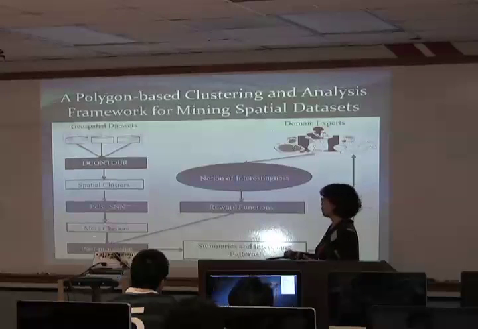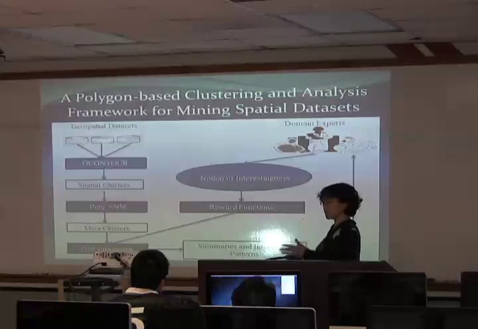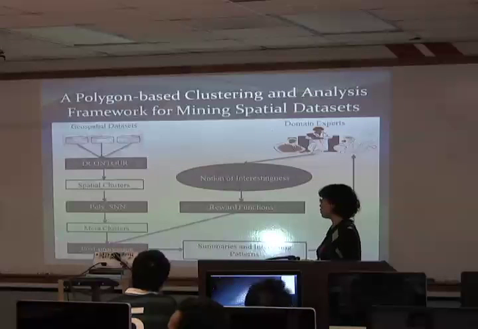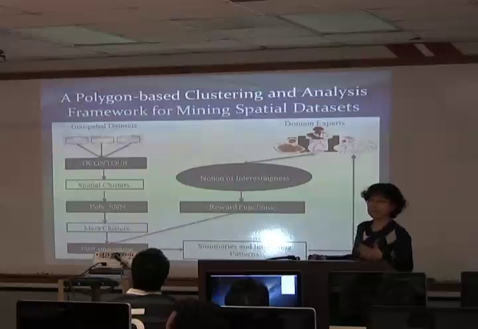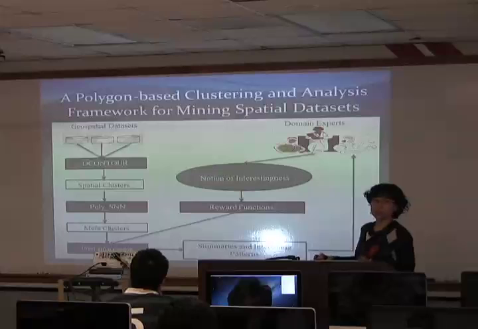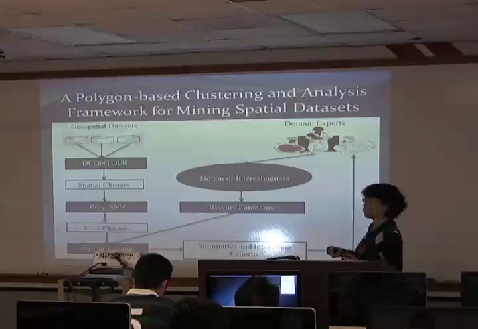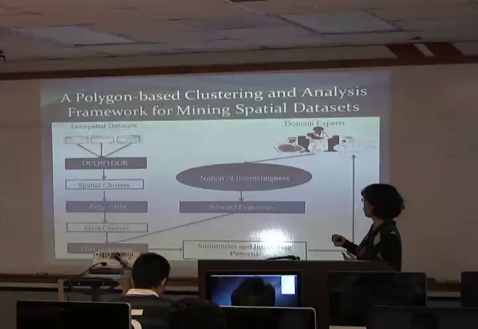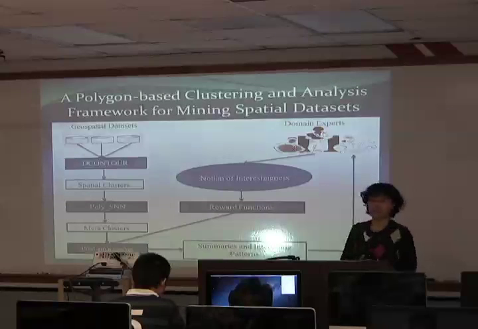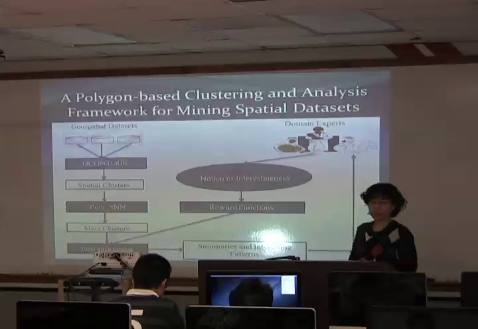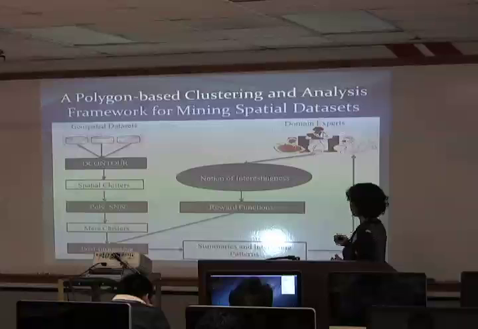The output is what we call micro clusters, dense clusters of polygons. And then we apply our post-clustering techniques. Those techniques have plug-in reward functions that capture the locations of interest to our domain experts, and then we can extract interesting patterns and generate summaries for the domain experts.